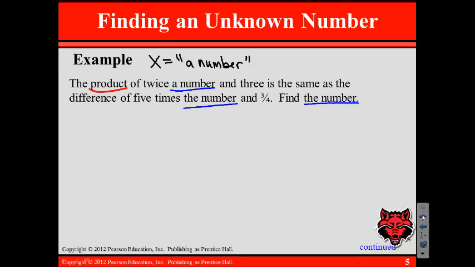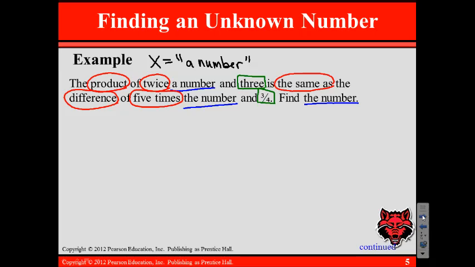So the product is a mathematical operation term. Twice, the same as, difference, 5 times. We also have a few other pieces of important information. We have 3 that will be used, and 3/4.